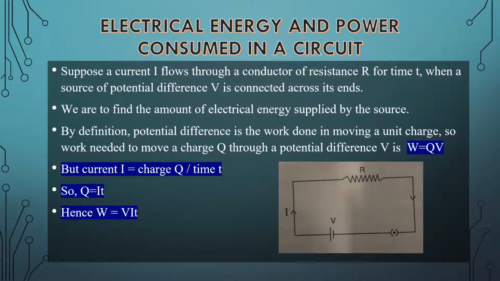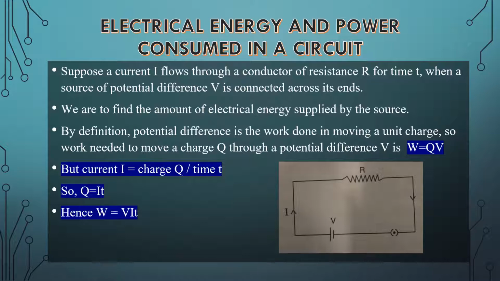Now by definition we know that potential difference is the work done in moving a unit charge. So the work needed to move a charge Q through a potential difference V is W = Q × V. Now current I is equal to charge Q upon time t, so we can say Q = I × t.